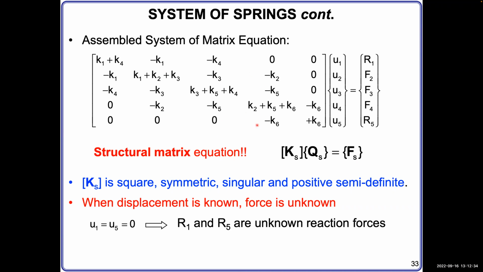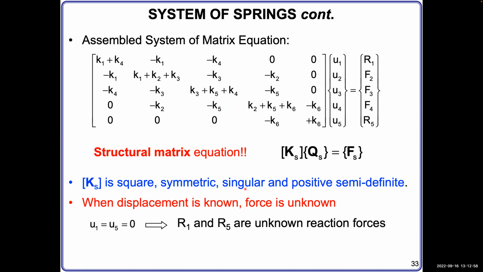So when we add it into this structural matrix, we add into the i column, j column, i row, j row. So they are symmetric when they are added into this matrix, and many of them added together, the result is still symmetric. Across the diagonal, the value is the same.